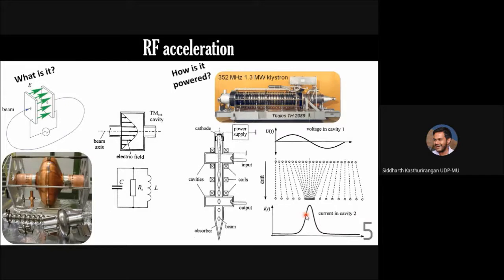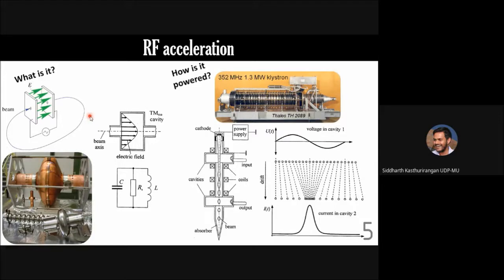This is just a kind of poster type slide where a lot of information is compressed into one slide. It illustrates the concept of RF acceleration and the type of power supply which is used for supplying power for RF acceleration.